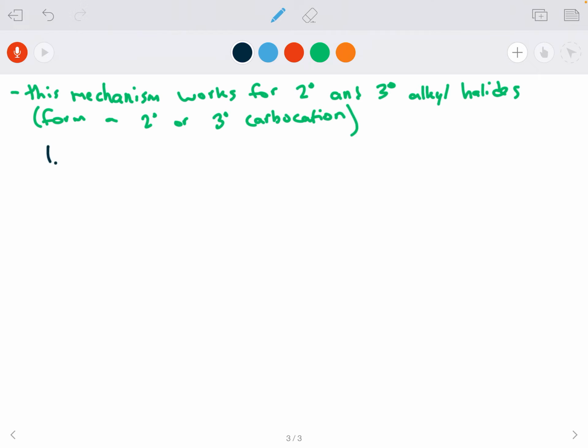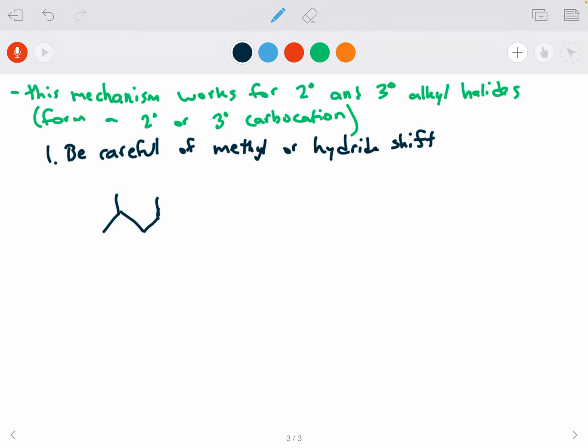Two notes. One, be careful of either a methyl or hydride shift. Right, so say I form my carbocation.